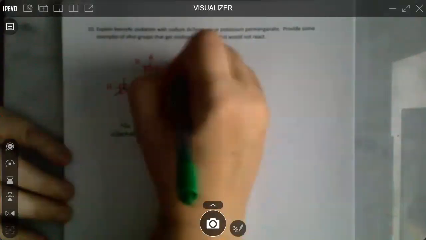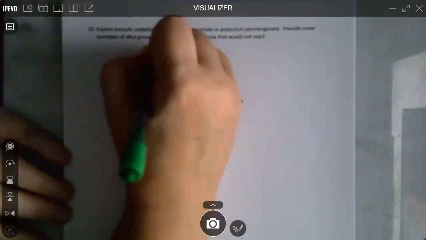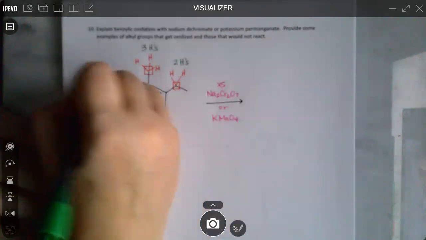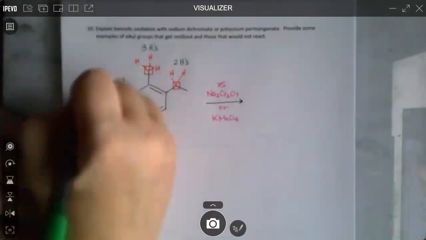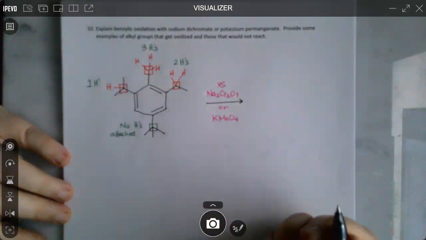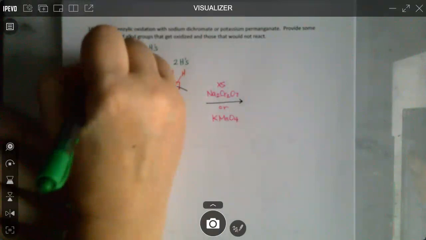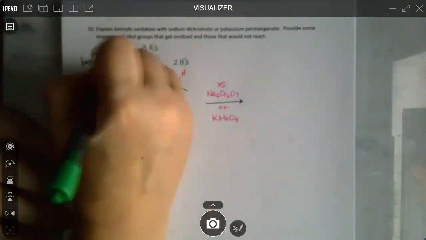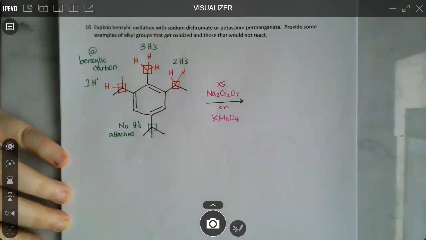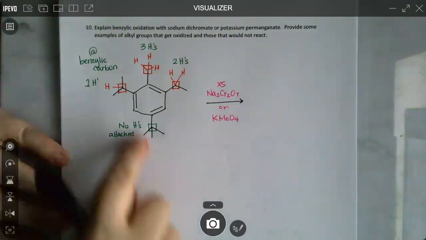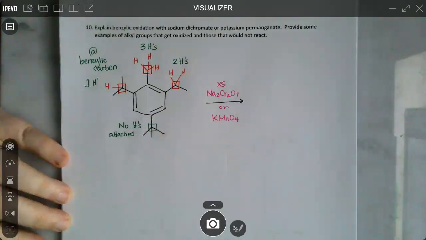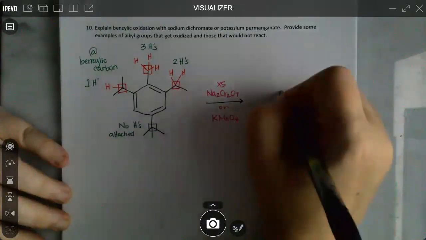So this one has 2 hydrogens, 3 hydrogens, and 1 hydrogen at the benzylic carbon. We're looking at what we call the benzylic carbon, which is the carbon attached to the ring. And as long as there is at least 1 hydrogen attached, that carbon will get oxidized to a carboxylic acid. Those that do not have one will be unreactive.